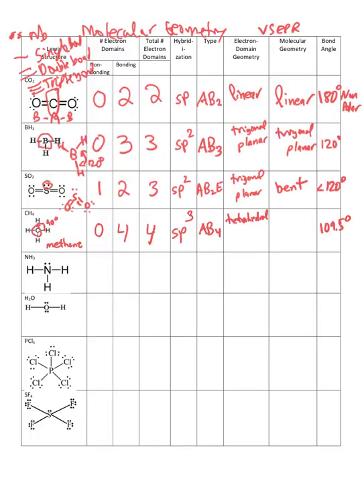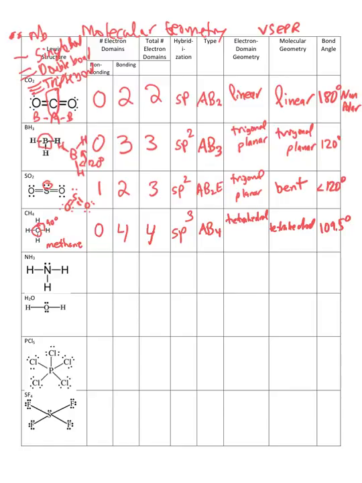So by taking that 3-dimensional shape, it can have these bond angles of 109.5 degrees and minimize the repulsive forces, as opposed to a flat configuration where they would all be 90 degrees. This is a molecular geometry that we refer to as being tetrahedral also, because there are no non-bonding pairs of electrons on the central atom. So the electron domain geometry and the molecular geometry are the same.